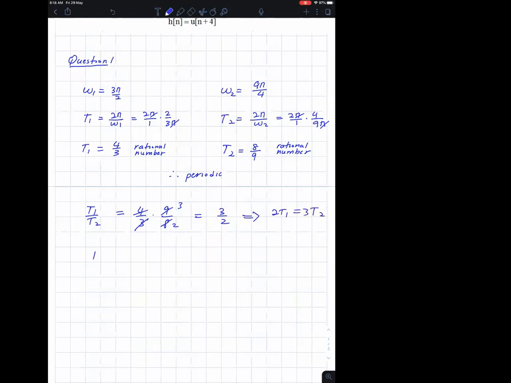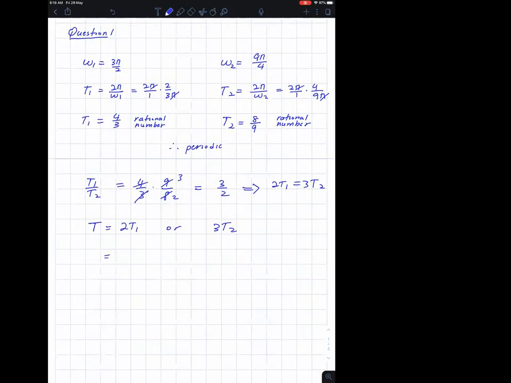So the period is 2T1 or 3T2. If we are using T1, then the period is going to be 2 multiplied by 4/3, which is 8/3.